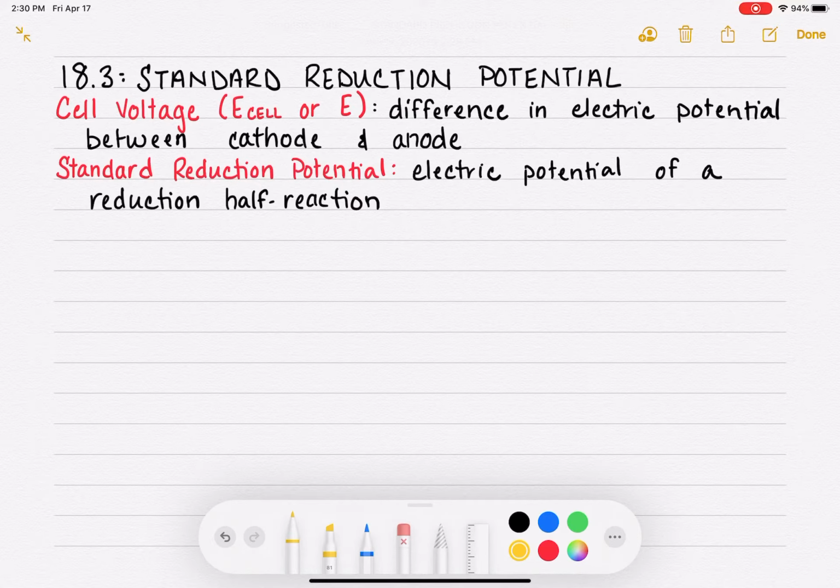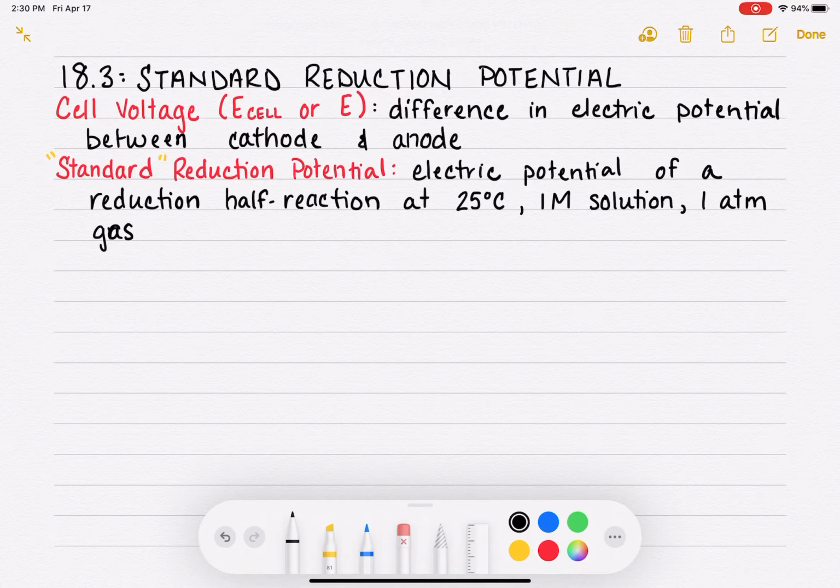This word standard is a word that you've seen before. So the word standard is referring to a specific set of conditions. The standard conditions are 25 degrees C, which is pretty close to room temperature, 1 molarity for any solutions that might exist, and if we have gases, 1 atmosphere for the pressure.